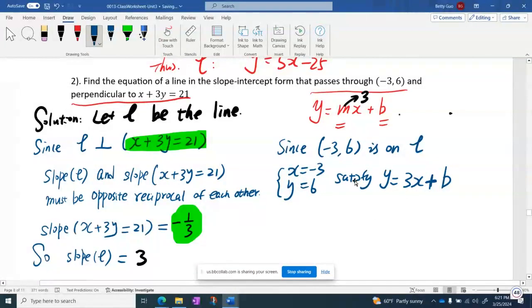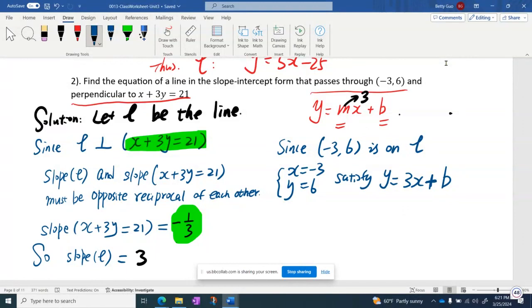L has slope 3, so we can write the slope-intercept form of L as y equals 3x plus b. b is unknown. Since (93, 6) is a point on the line, it is a solution of the equation, so x equals 93, y equals 6 would satisfy the equation.